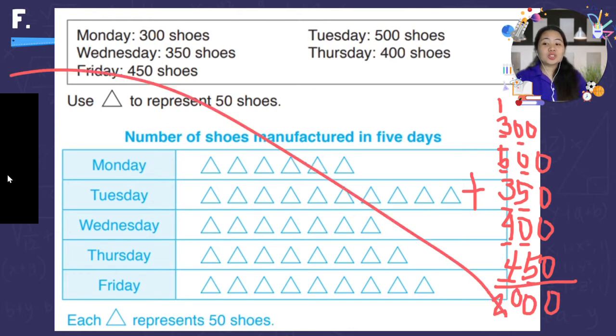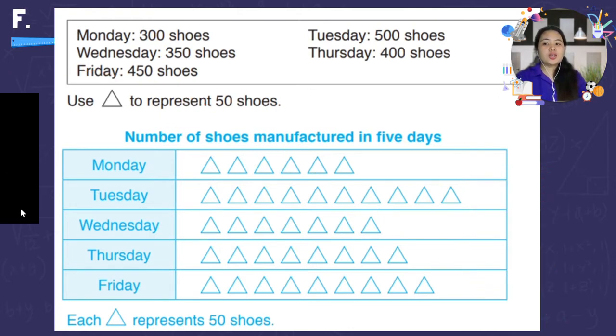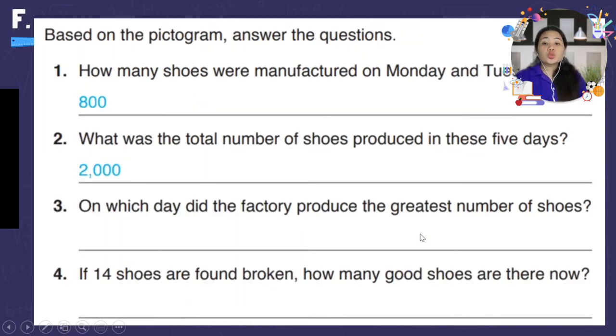So number 2 will be 2,000 shoes. So just count everything, so the total will be 2,000 shoes. Okay, very good.